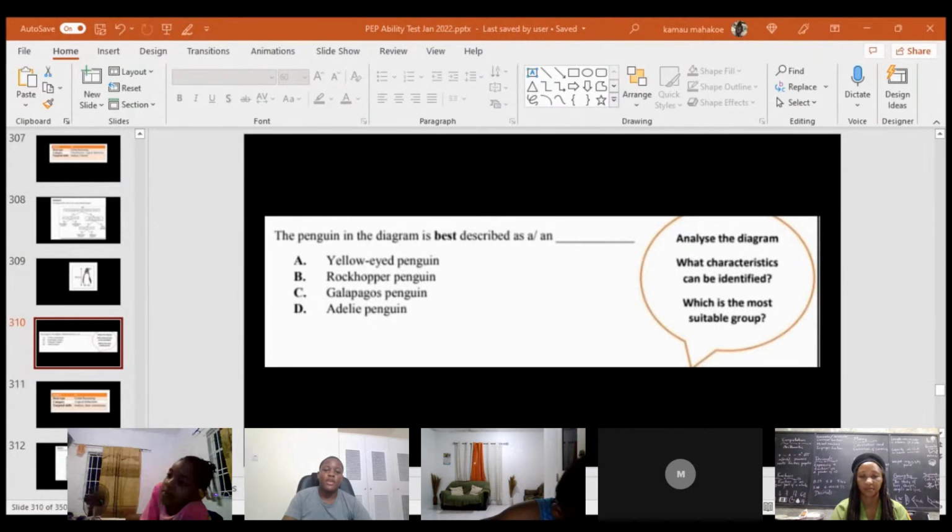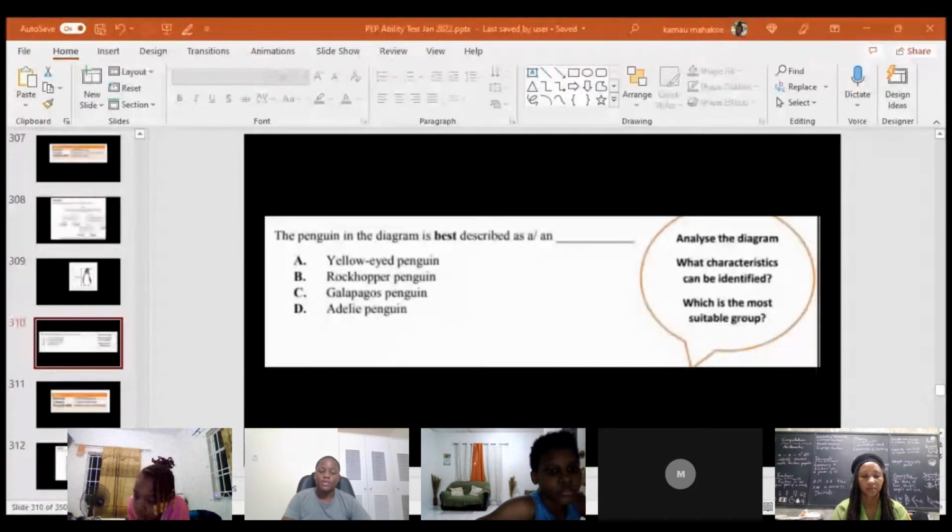A, yellow-eyed penguin. B, rockhopper penguin. C, Galapagos penguin.